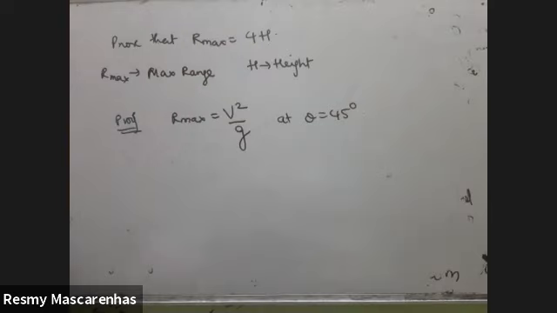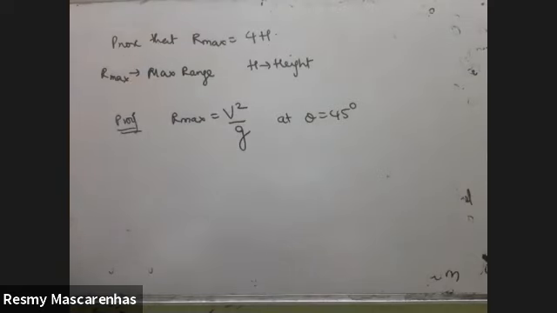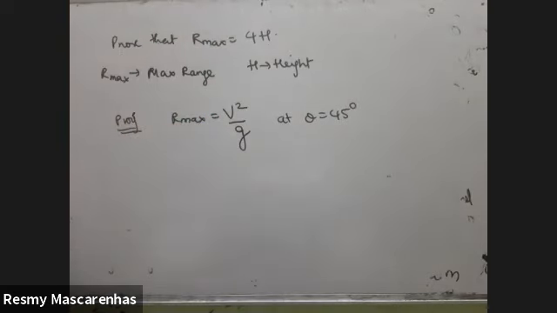So this is the data we already know. The same data we'll use for height and calculate what becomes the height. So R max is v square upon g at theta equals 45 degree.